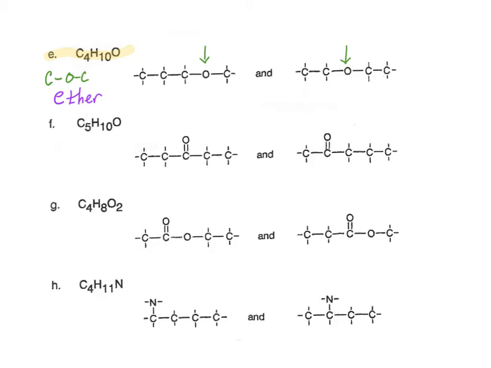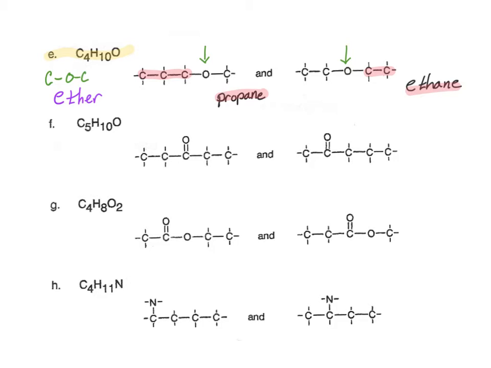Let's go ahead and name them. Remember, with ethers, we find the main chain first, and we put its name last. For the first one, we see 3 carbons in the main chain, so this is some sort of propane. In the second one, it only has 2 carbons in the main chain, so we're going to call that an ethane.